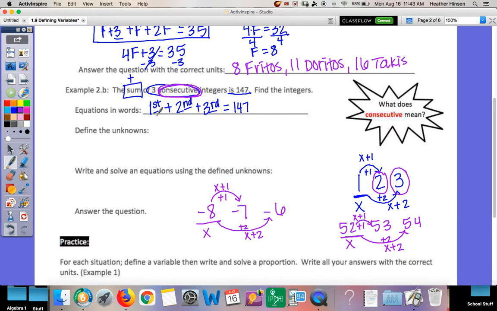So that first one, that's always your base. The second one, you're going to add 1. The third one, you're going to add 2. So that gives me my equation. My base, and then that second one, I'm going to add 1. To get to the third number, we're going to add 2. All of that gives me 147.